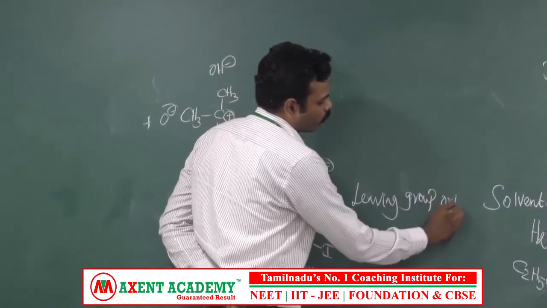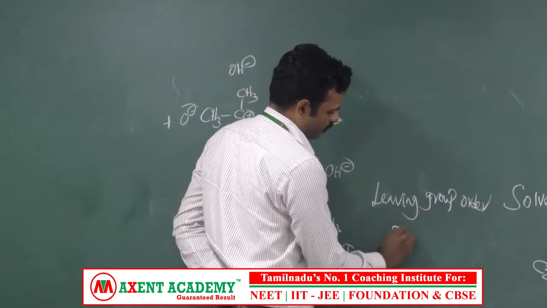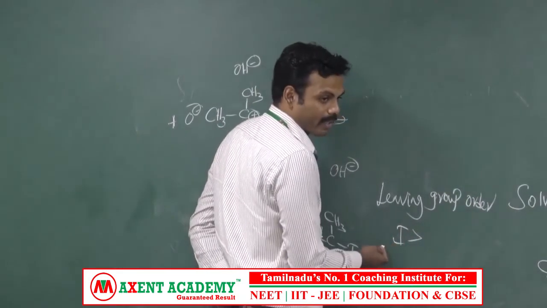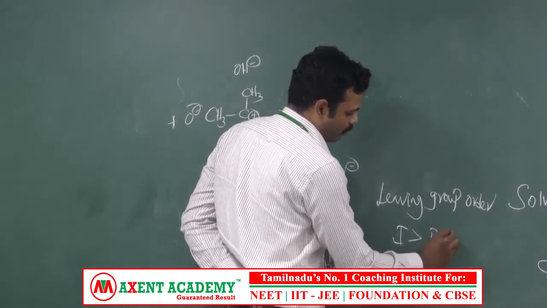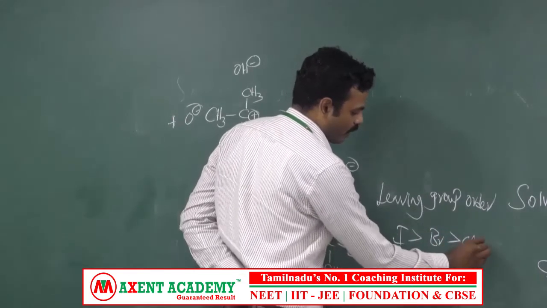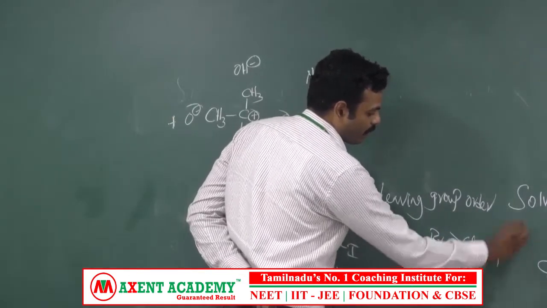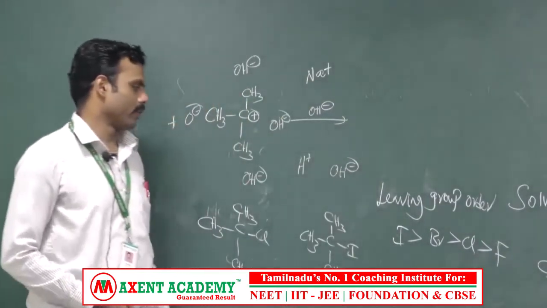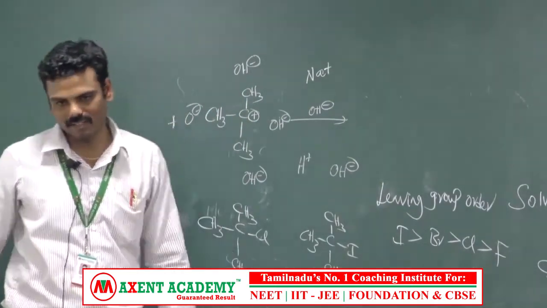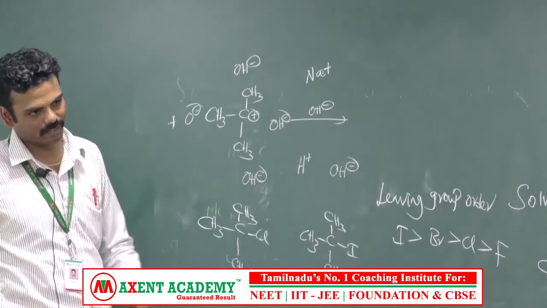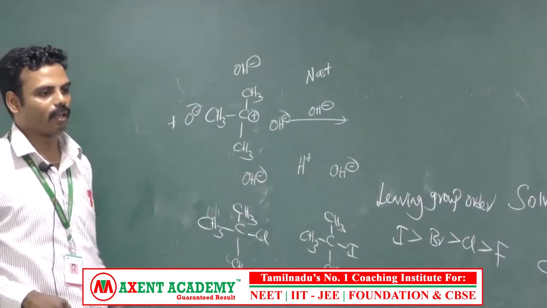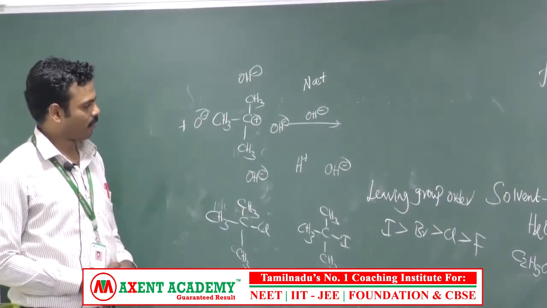Based on the leaving group order, I is having better leaving ability than Br, Br is better than Cl, and Cl is better than fluorine. Because the size is large, the nuclear force of attraction is less, so it can easily come out.